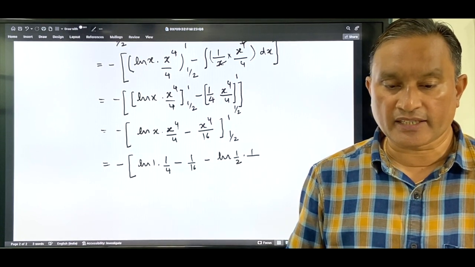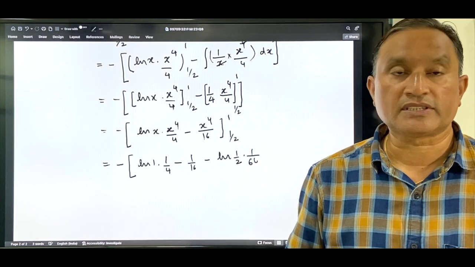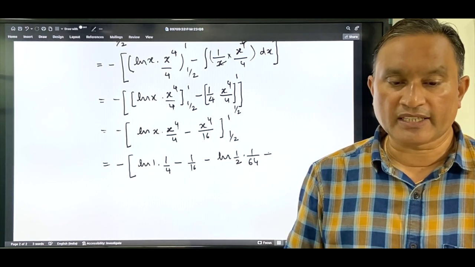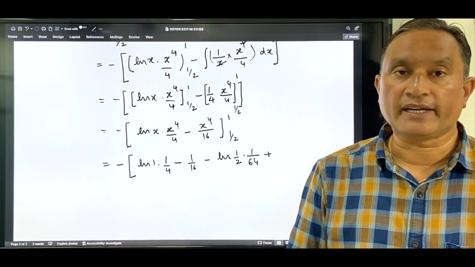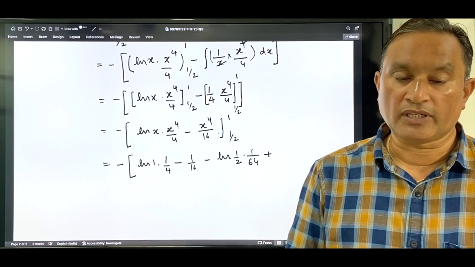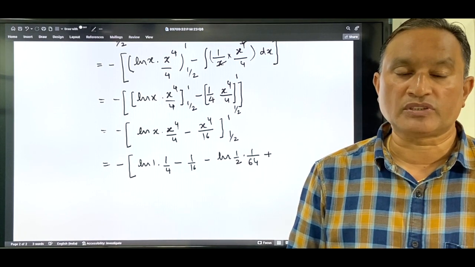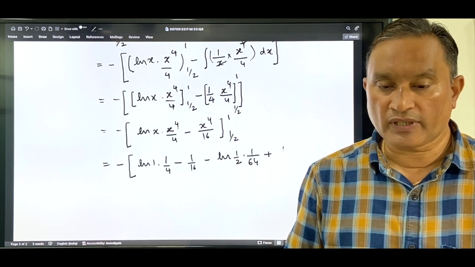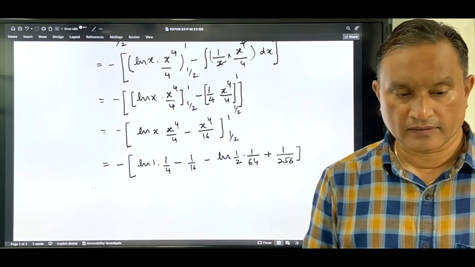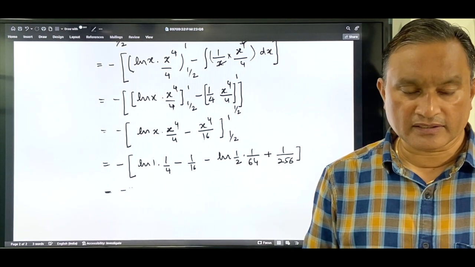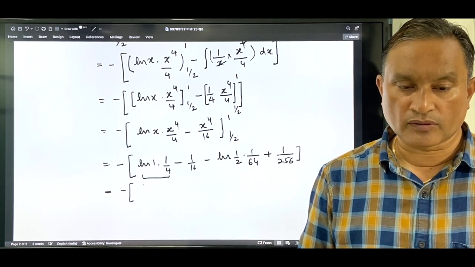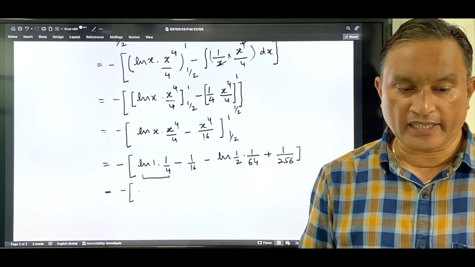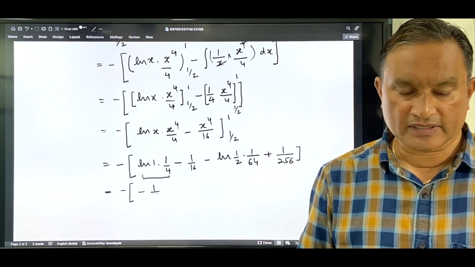So you will be getting 1/64, minus minus plus, then again 1/2 to the power 4 is 1/16, so that would be 1/256. Now this entire ln 1 term will become 0.